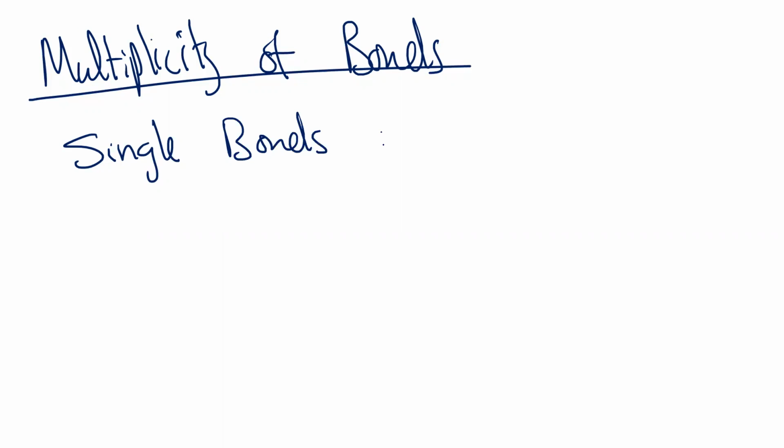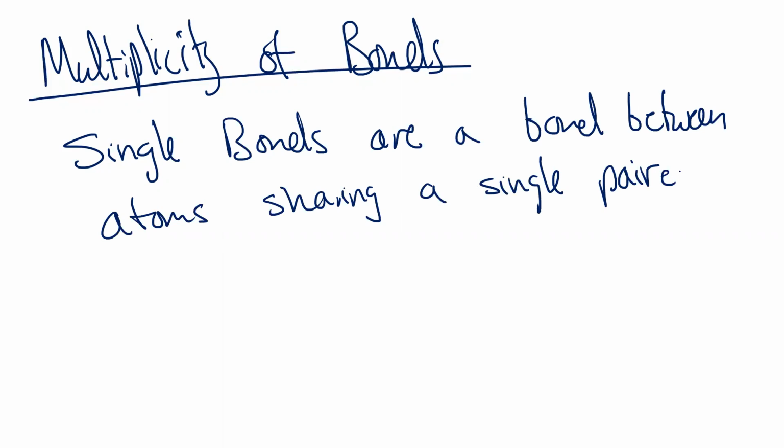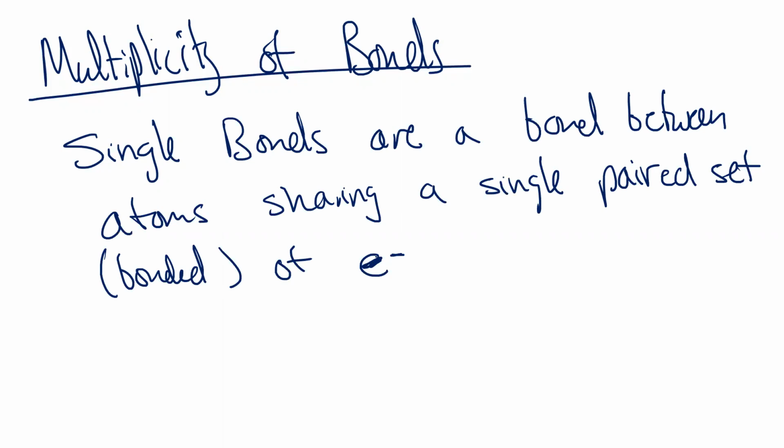Single bonds are a bond between atoms sharing a single pair of bonded electrons. A bond between atoms is a pair of electrons because you can only have 2 electrons hanging out together at a time in general in an orbital.